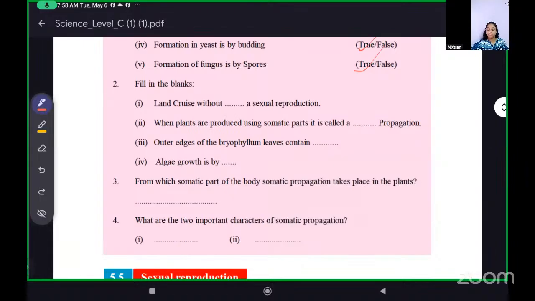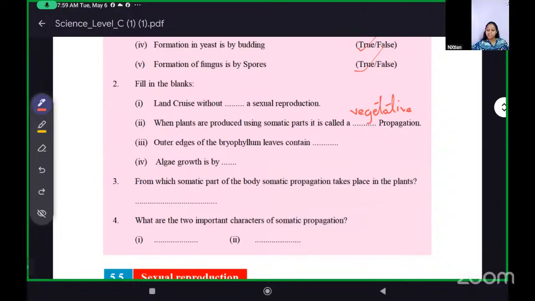Emma? I don't remember. Abraham, you remember? No, ma'am. Vegetative propagation. We just did this yesterday.